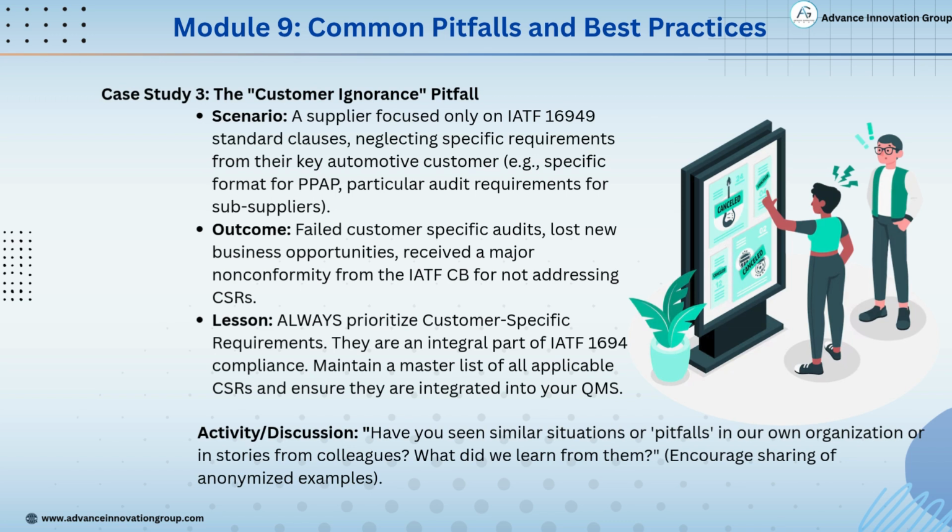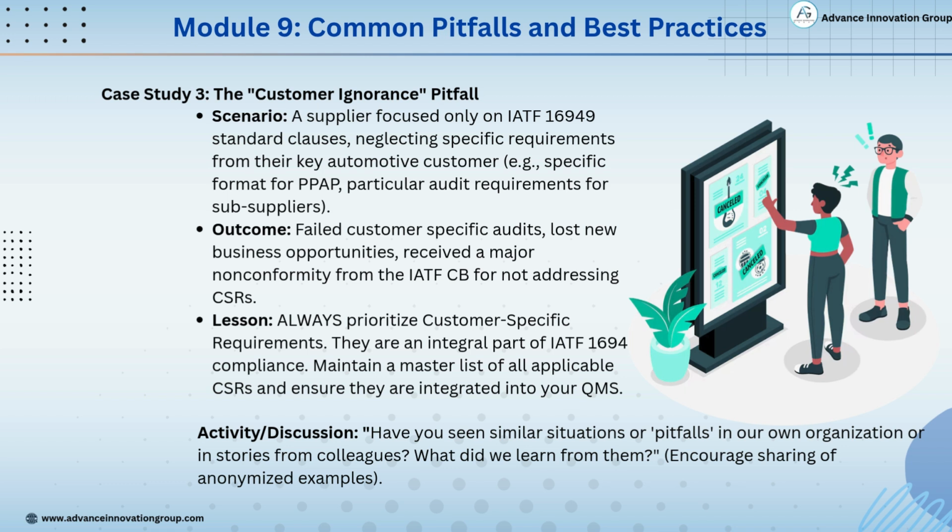Pitfall scenario: in this case, the supplier focused only on the IATF 16949 standard clauses and ignored specific customer requirements, such as customized PPAP formats or unique audit processes for sub-suppliers. Outcome: as a result, they failed the customer-specific audits, lost new business opportunities, and even received a major nonconformity from the IATF certification body because they didn't comply with customer-specific requirements, CSRs.